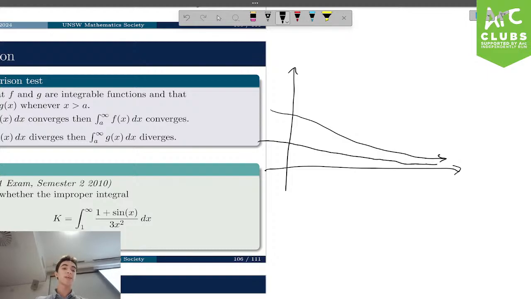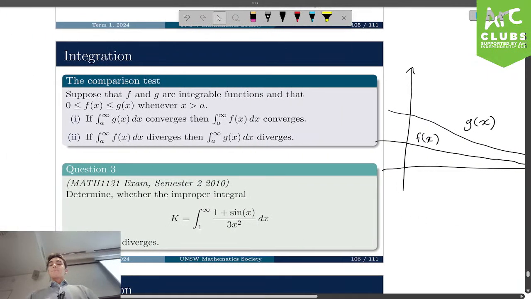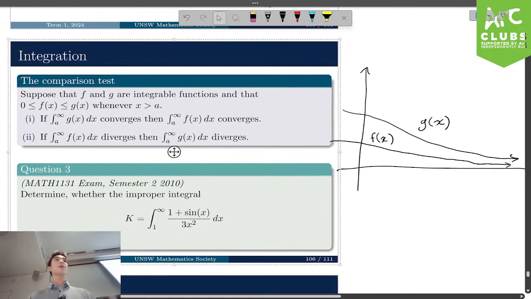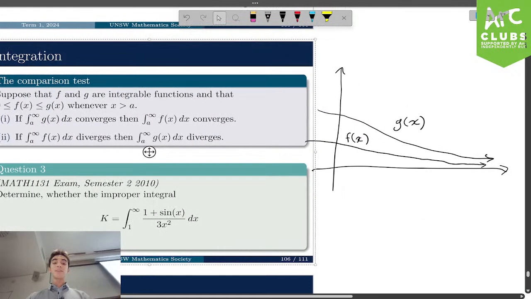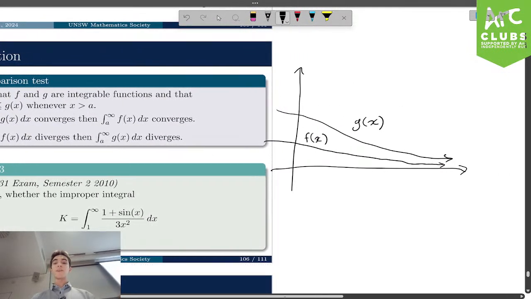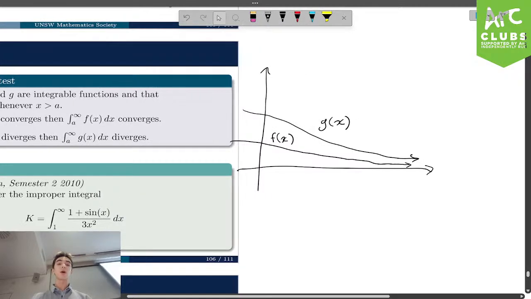It's between the x-axis and g of x. This is g of x, and this is f of x. And what it's telling us is, if the integral from a to infinity of g of x converges, so is finite, then the integral of f of x from a to infinity also has to be finite, also has to converge.